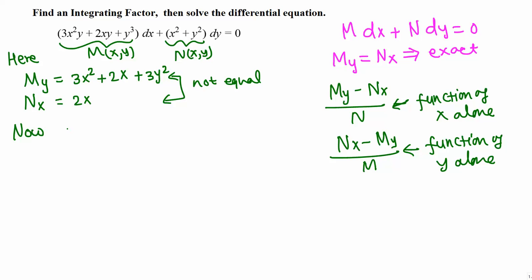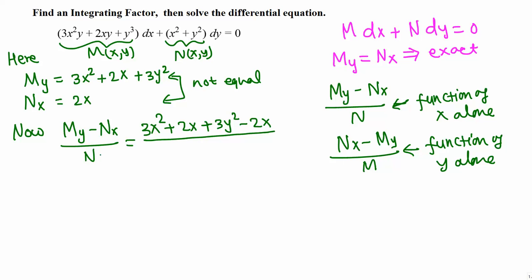Now (M_y minus N_x) over N is equal to, M_y is 3x squared plus 2x plus 3y squared, minus N_x is 2x, over N, and N is x squared plus y squared.